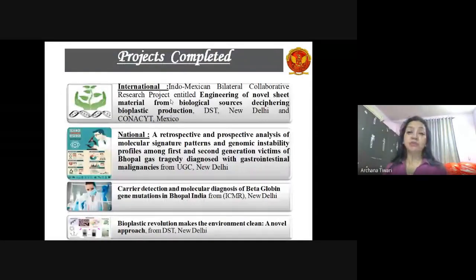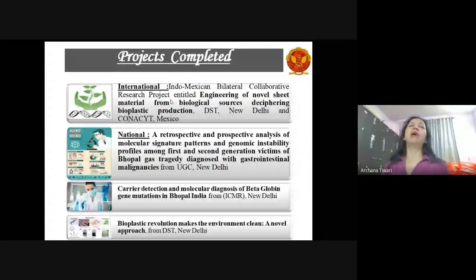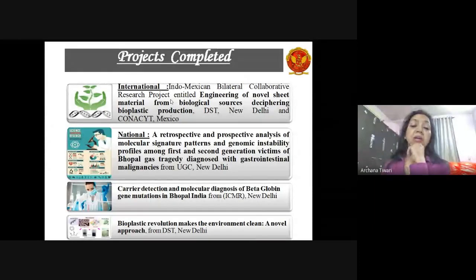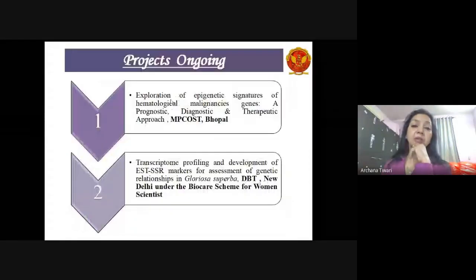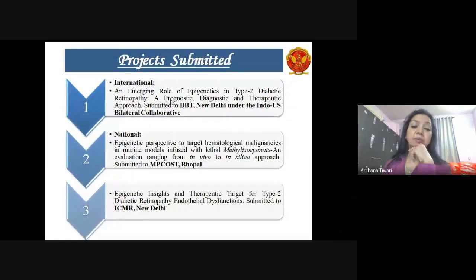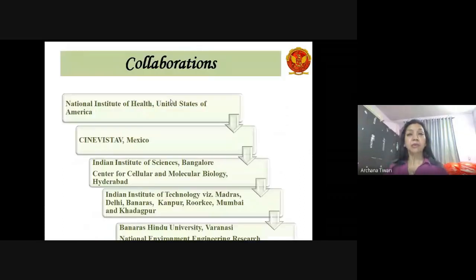Projects completed by the faculties of the School of Biotechnology, international and national, on various aspects of medical biotechnology and environmental biotechnology, ongoing projects, and the projects which have been submitted to various national and international along with state agencies.